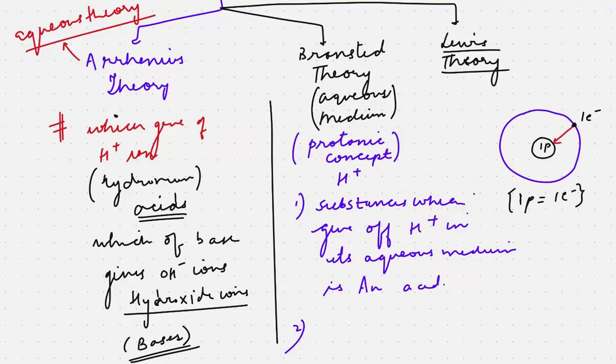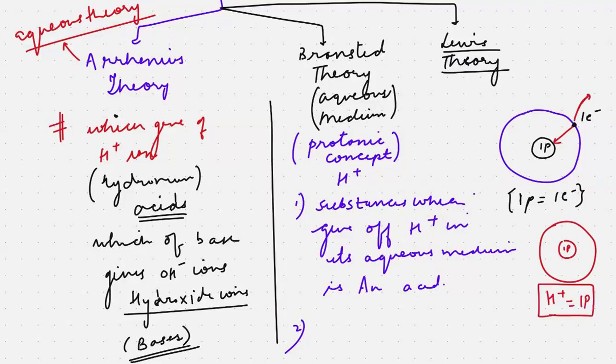And if somehow that one electron is lost, we are left with only one proton, and hence H plus is basically just one proton, because we have lost one electron.